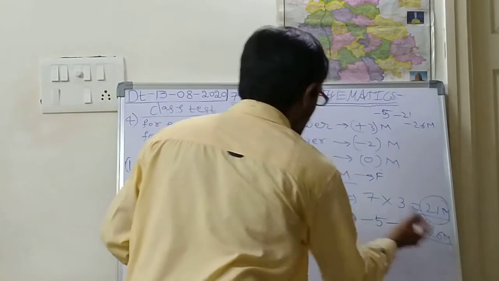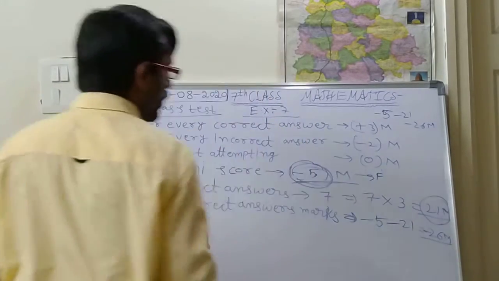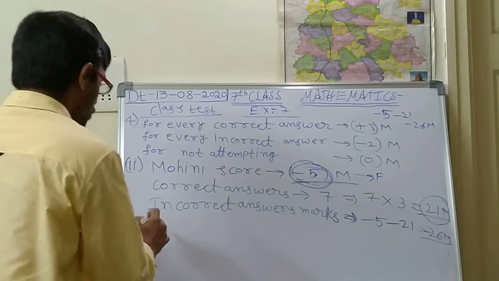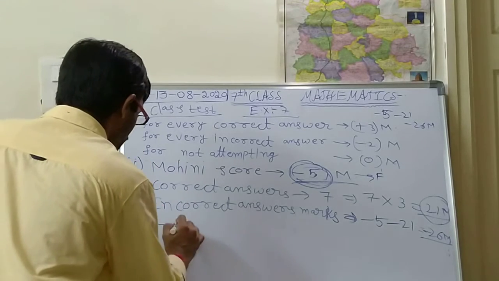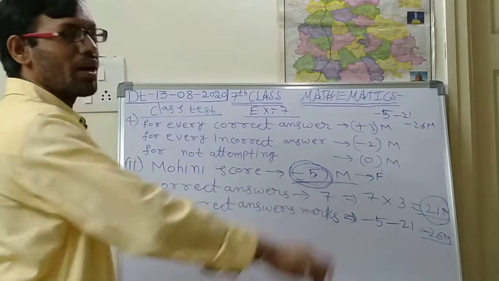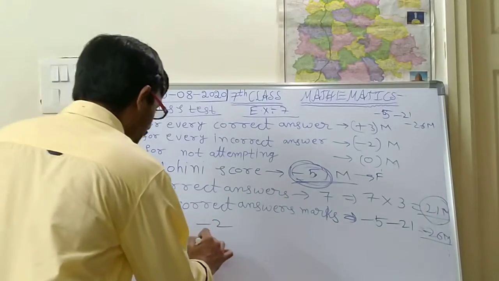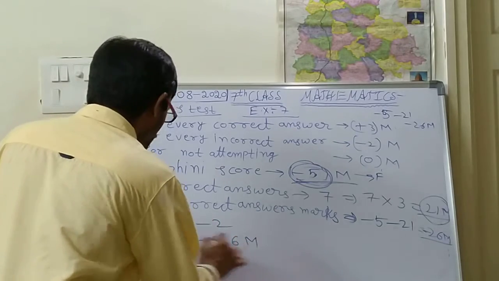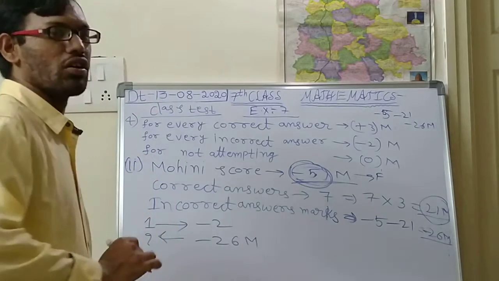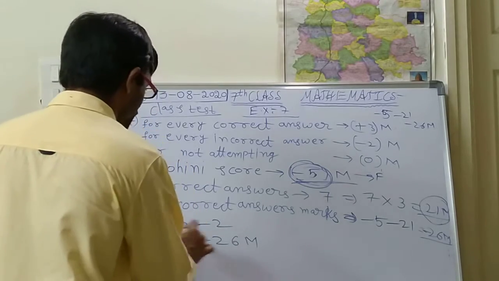So this is marks and these are also marks. Now what you have to do? For one incorrect answer minus 2 marks are awarded. So for minus 26 marks, how many incorrect answers will be there? You have to calculate, so again cross multiplication.